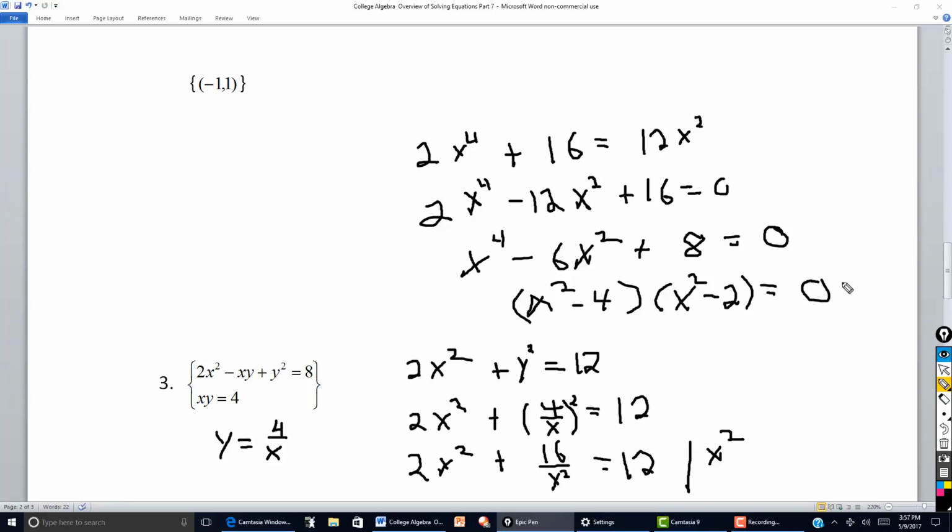So x squared minus 4 can be 0, or x squared minus 2 can be 0. If I set those equal to 0, then the first equation would give me x squared equal to 4 if I solve for the x squared, and the second equation would give me x squared equal to 2.